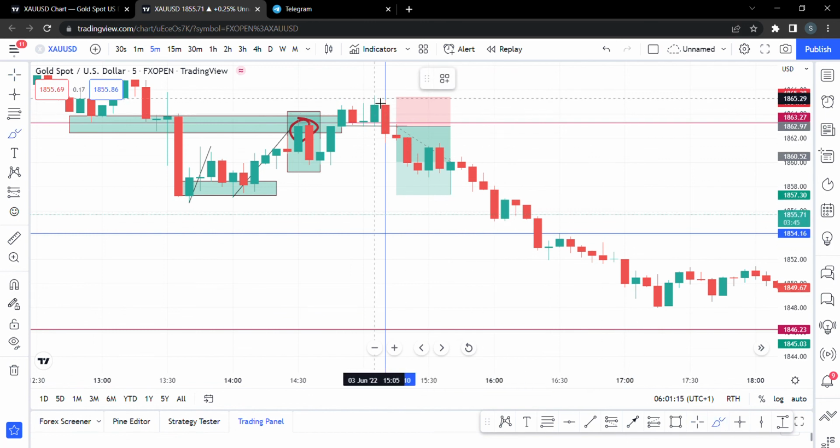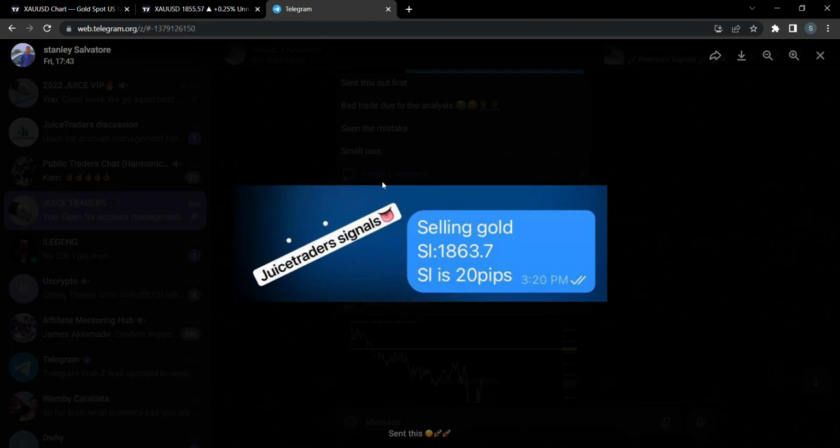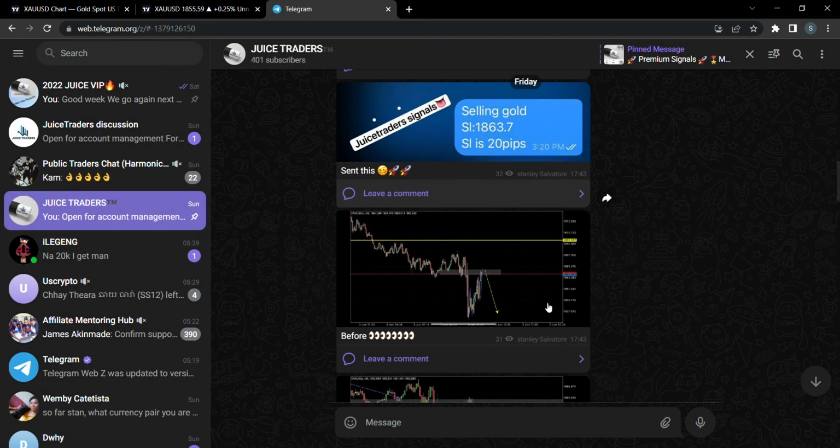This is an engulfing, just as I showed you guys. So when I saw the engulfing and I saw the formation and I saw the 3 pushes, I knew that there was only one way this market was going to go, and you can see how far it dropped. We actually took 100 pips from this market.